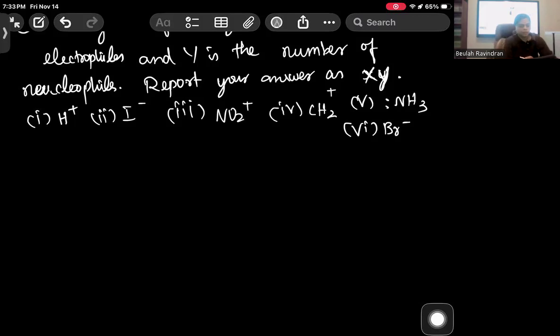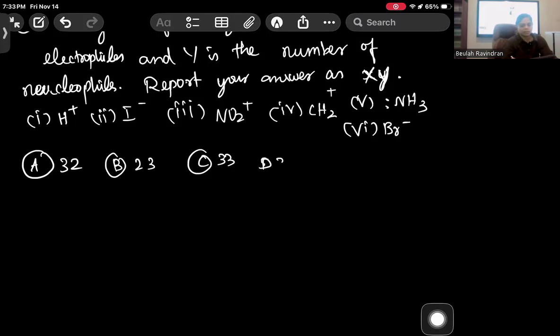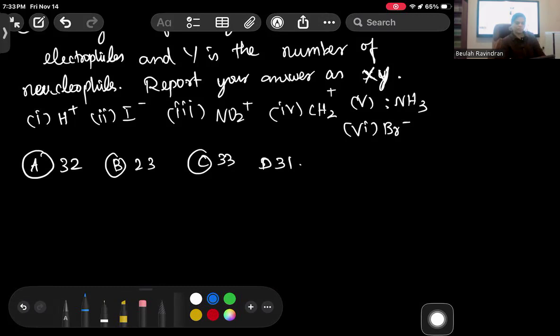You are asked to find XY, where X is the number of electrophiles and Y is the number of nucleophiles. Option A is 3, 2; B is 2, 3; C is 3, 3; and D is 3, 1. Can you find it right now? Which one is correct here?